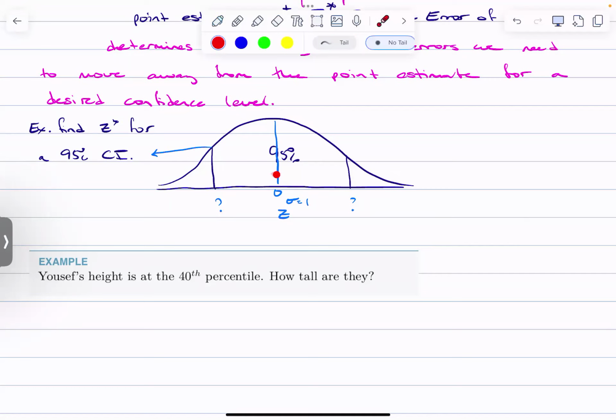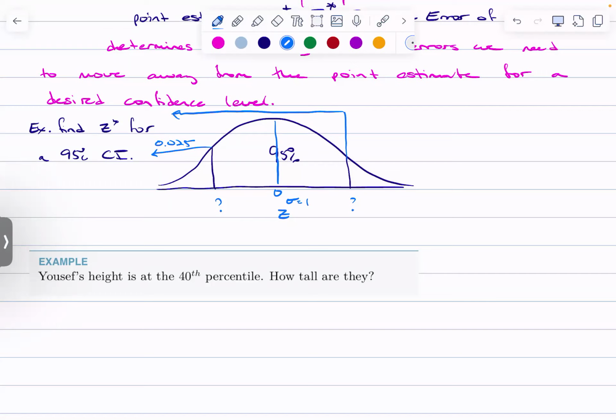If I'm forcing 95% in the center, I have 5% left over in the tails, which I have to split evenly. And so I have 0.025. It wants it as a proportion, so 2.5% is 0.025. The reason I'm doing the area to the left is because most software will just take the area to the left.